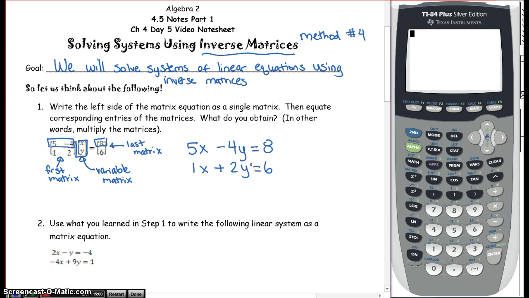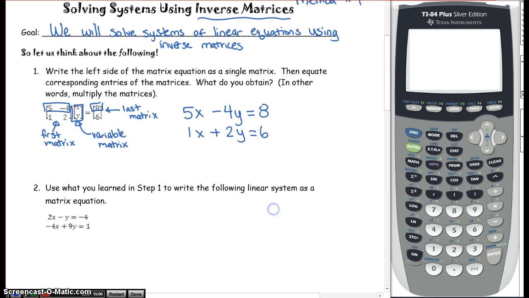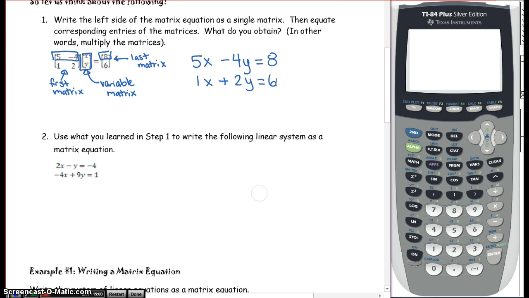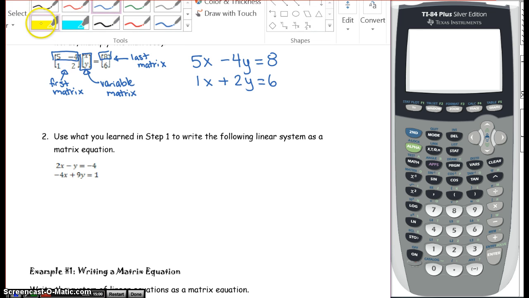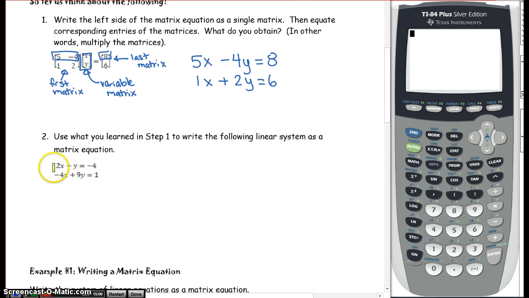And now what we're going to do is work backwards using this idea. If we have a linear system like this, we make sure that it's in order. We have the x's lined up, the y's lined up, the equal signs lined up, and the values on the other side of the equation all lined up. And we analyze and we highlight the leading coefficients.